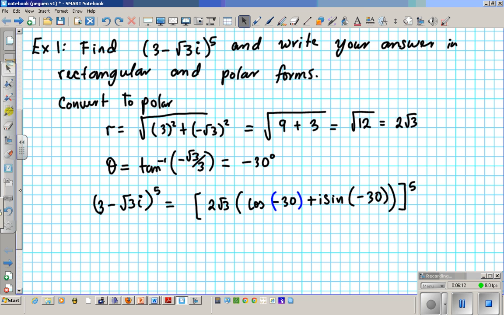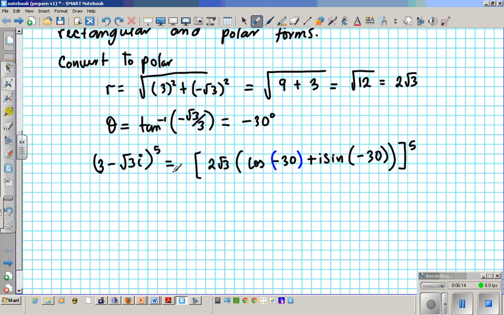So that's going to be 2 root 3 to the fifth power, cosine of negative 30 times 5, plus i sine of negative 30 times 5. Okay? So that's basically what you have.